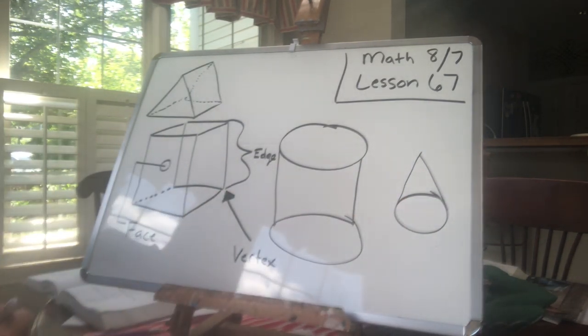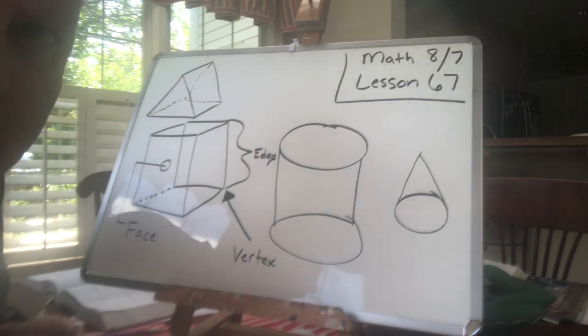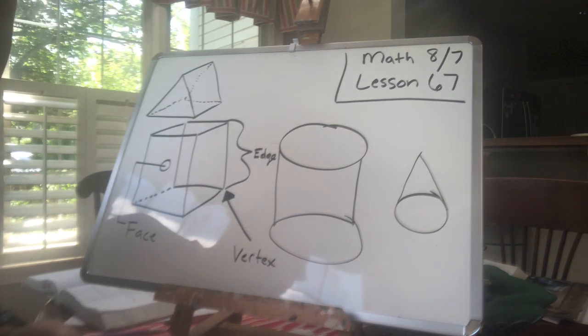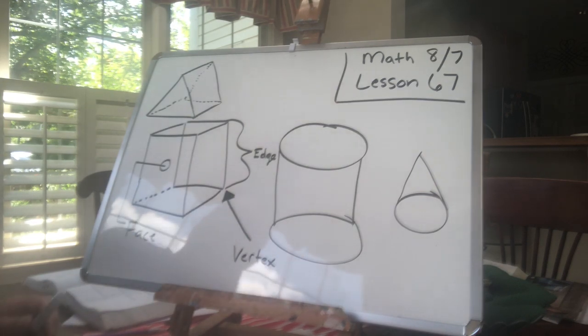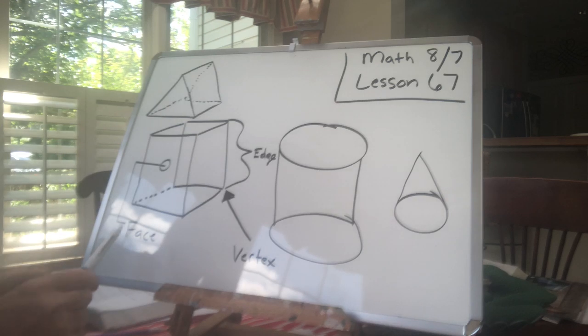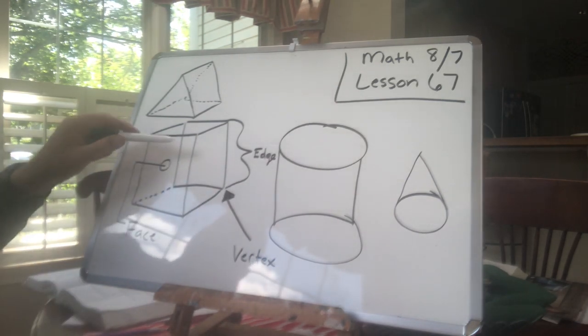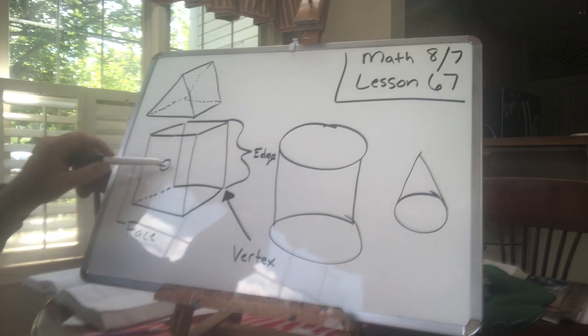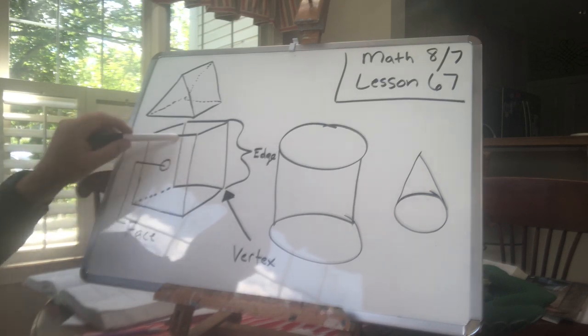A cube. A cube is like one die of dice. Okay, it has edges, and all the edges are the same. If I was to learn the vocabulary of it, this right here, I don't think it's a cube the way I drew it, but this right here is a face.